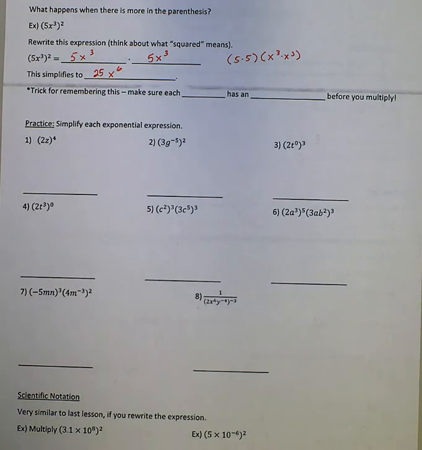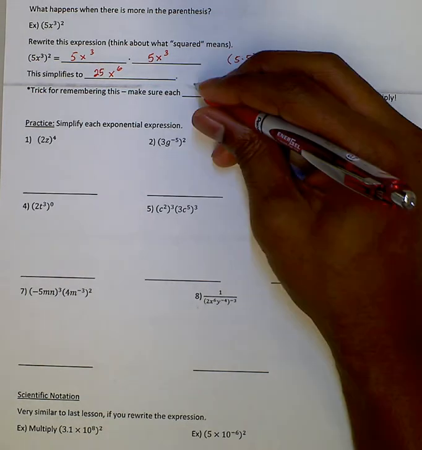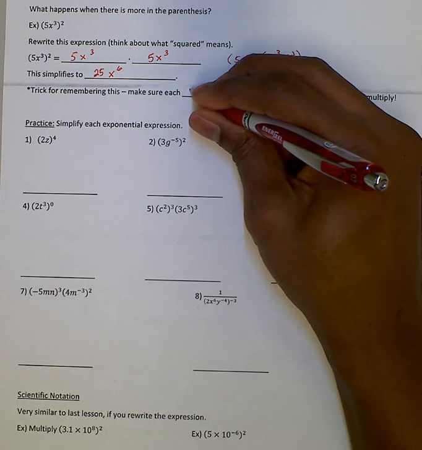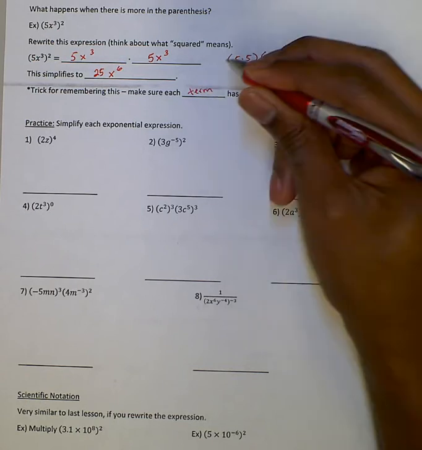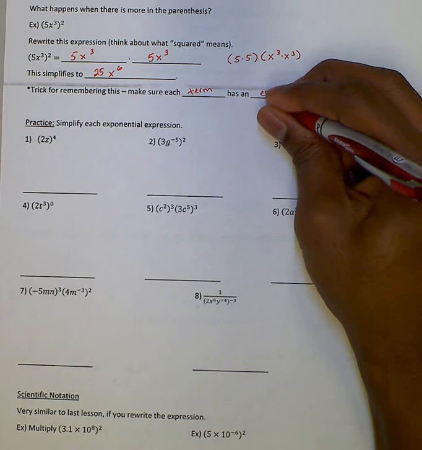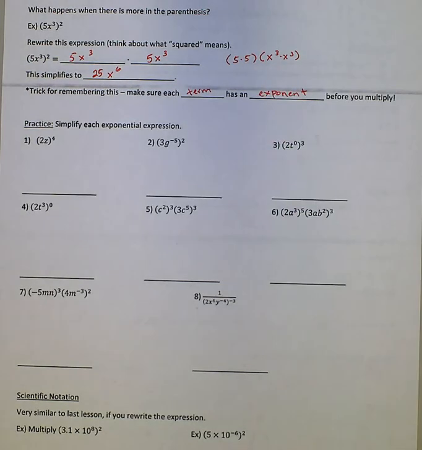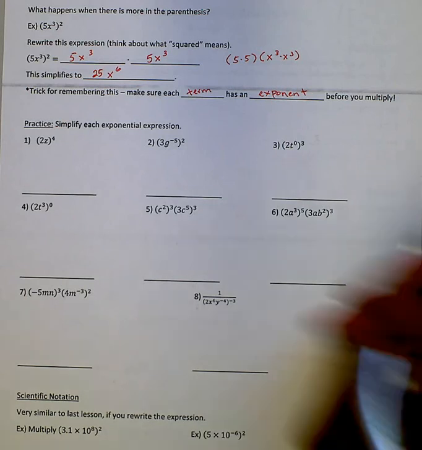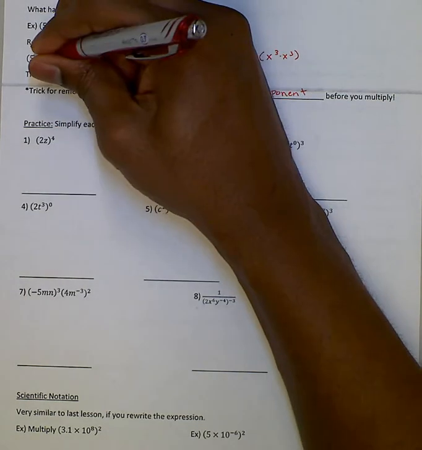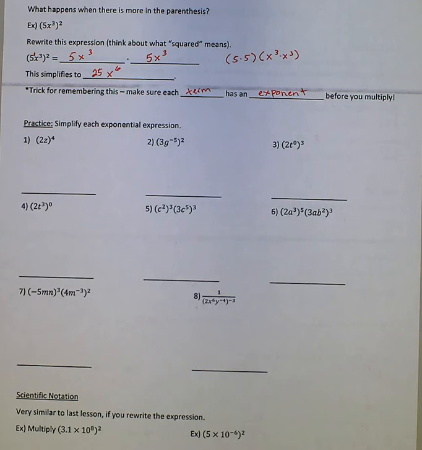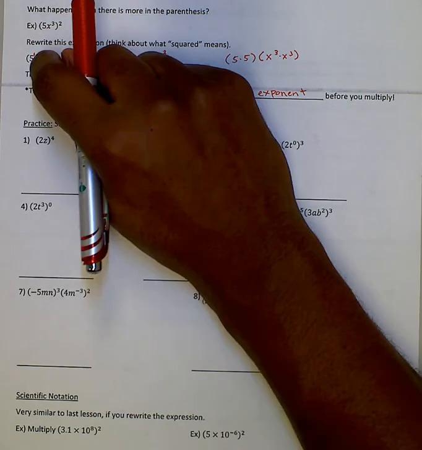A trick for remembering this is to make sure that each term has an exponent before you multiply. Here, x is not an exponent, so 1 is the exponent for 5.